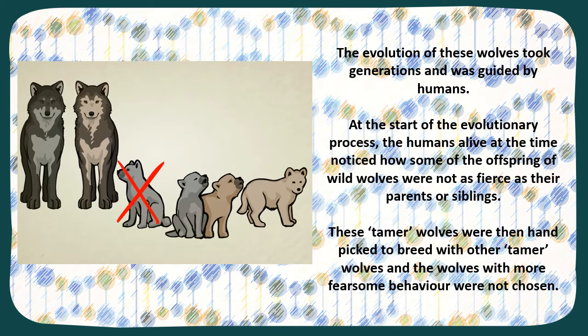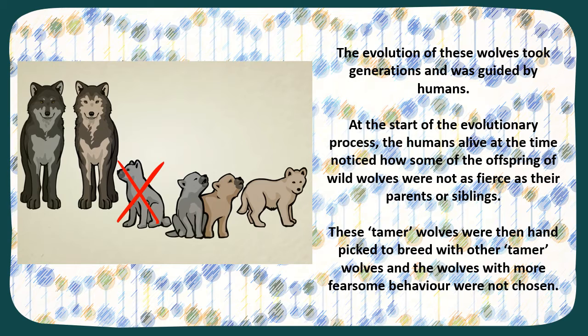So in this picture here, we've got mum and dad wolf. They've had 4 babies, but one of them is going to be cast aside and not allowed to mate. So the genes of that fearsome wolf are unable to be passed down.